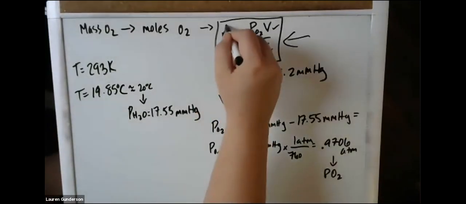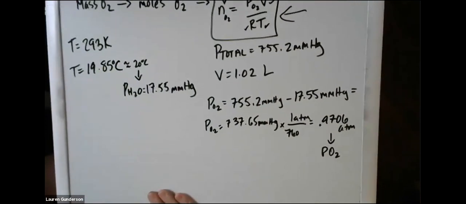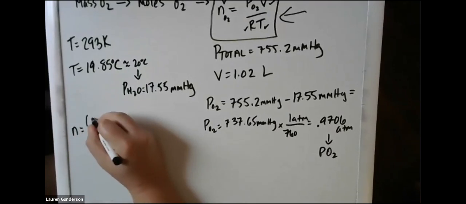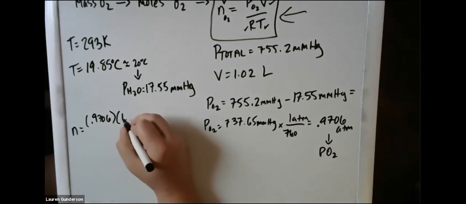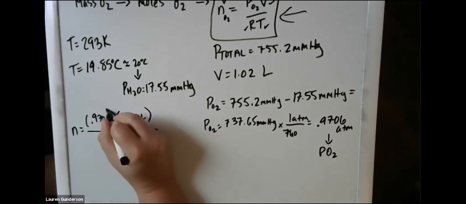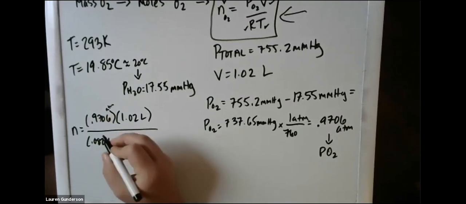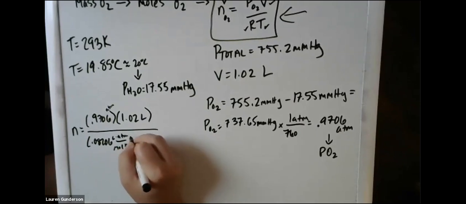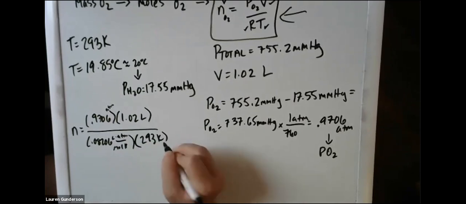Now I have all the information I need to solve for the moles of oxygen gas. So moles of oxygen will be 0.9706 times 1.02 liters. That should be atm. Over 0.08206, over 293 Kelvin.